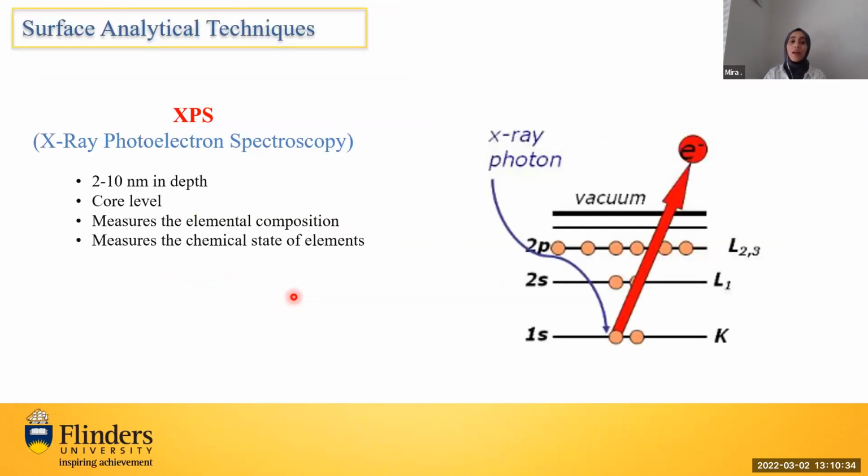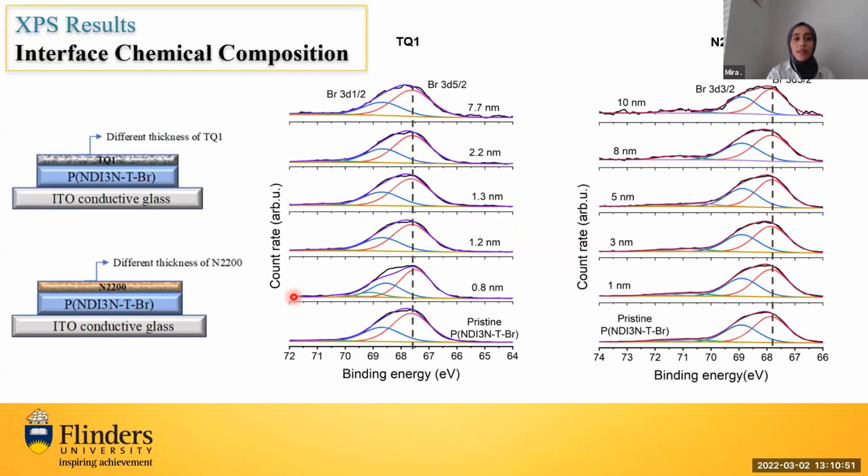Then, in terms of the chemical analysis, we used XPS to investigate the chemical interaction and also to determine the chemical state of the elements. First, we have the bromine peak for all the samples, the TQ1 samples and N2200 samples, after putting those layers on top of P11.